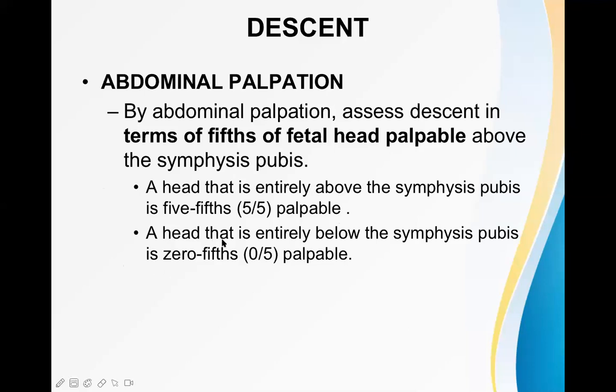Whereas a fetal head that is entirely below the symphysis pubis is 0 by 5 palpable, meaning it has completely gone down into the pelvic cavity. So this is a very, very important point to know about fetal descent. Remember, without fetal descent, the fetus cannot be delivered, isn't it? It's quite logical. That's why this is an important part of the examination.